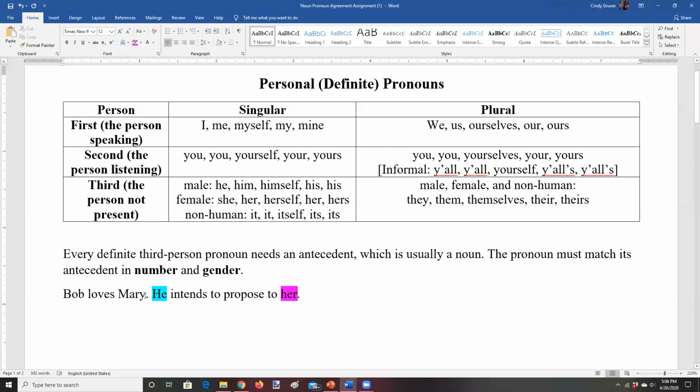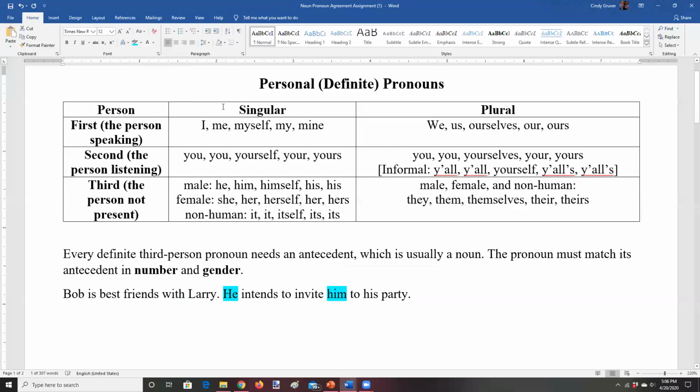But let me just change this up. Best friends with Larry. He intends to invite him to his party. So we have three pronouns here.